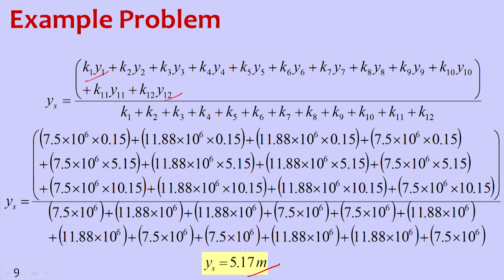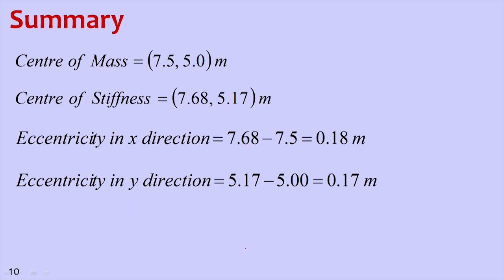Now as a summary, this is the center of mass that we got, 7.5 and 5.0, and the center of stiffness as 7.68 and 5.17. In calculating eccentricity to get the torsional moment, the eccentricity in the x direction is 7.68 minus 7.5; that means the difference between the center of stiffness and the center of mass will give you the eccentricity.